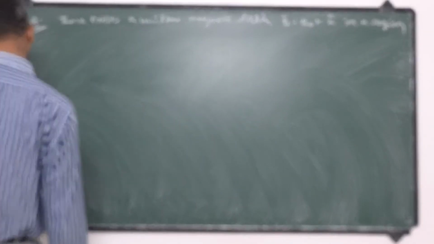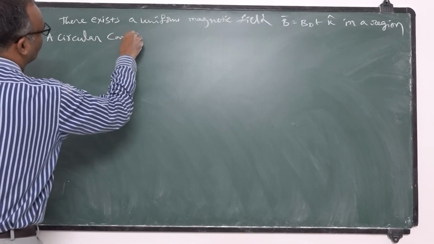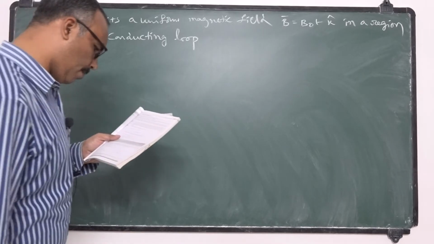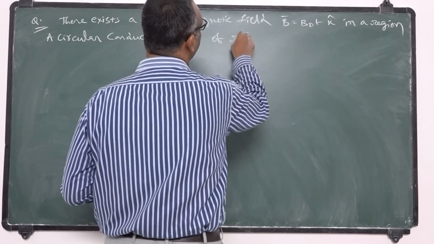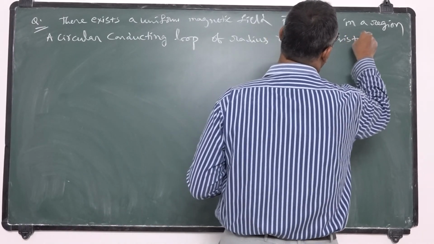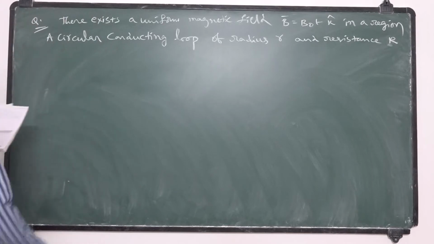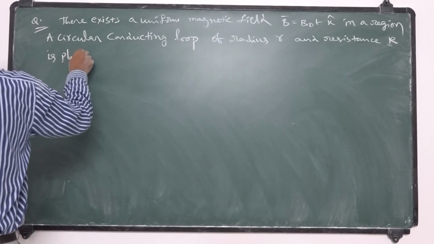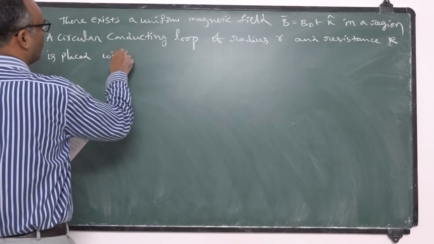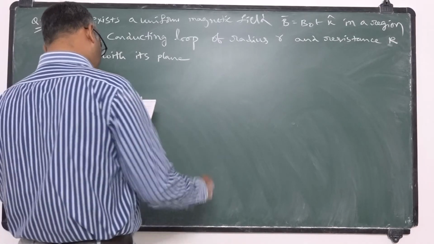A circular conducting loop of radius small r and a resistance capital R is placed with its plane in the xy plane.